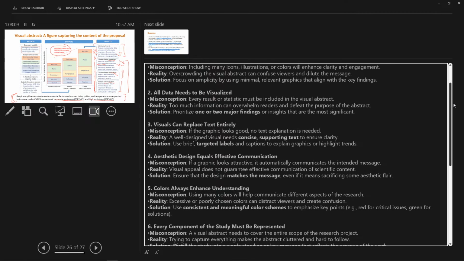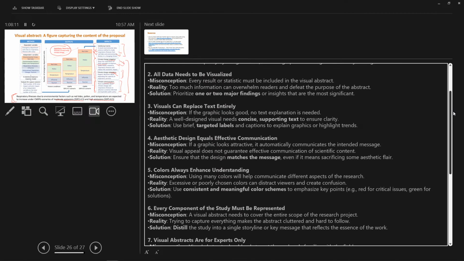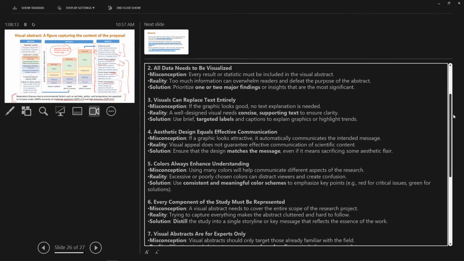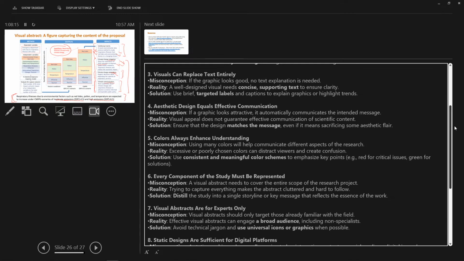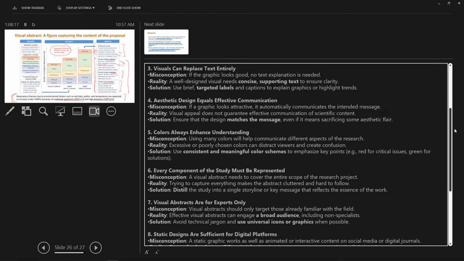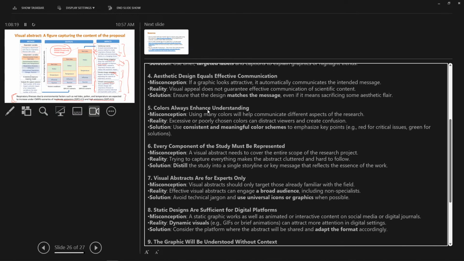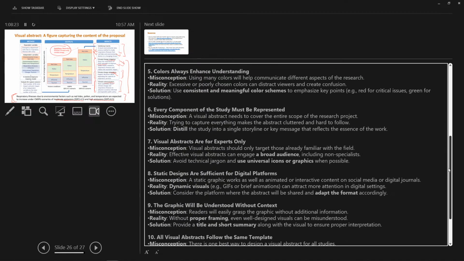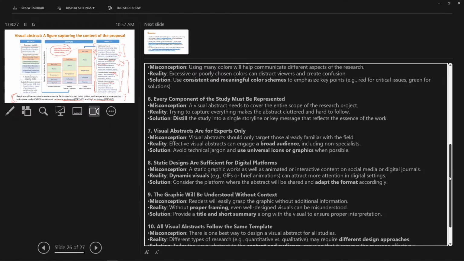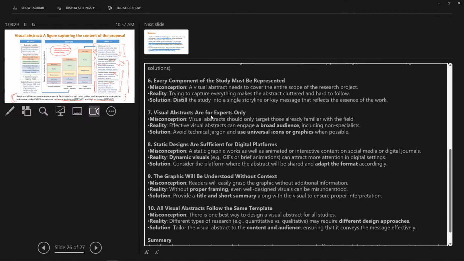All data need to be visualized. That's a misconception. Visuals can replace text entirely. This is a misconception. Aesthetic design equals effective communication. This is a misconception. Colors always enhance understanding. This is a misconception. Every component of the study must be represented. This is a misconception. Visual abstracts are for experts only. This is a misconception. Static designs are sufficient for a digital platform. That's a misconception.